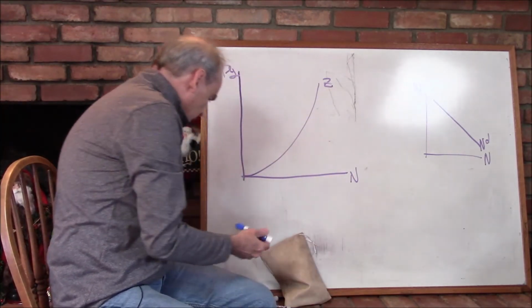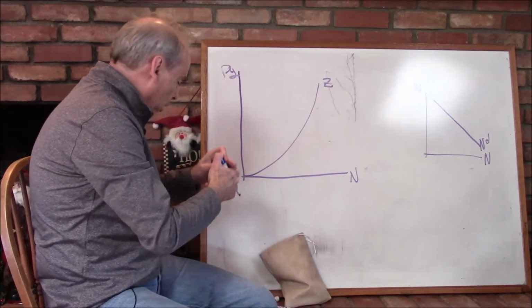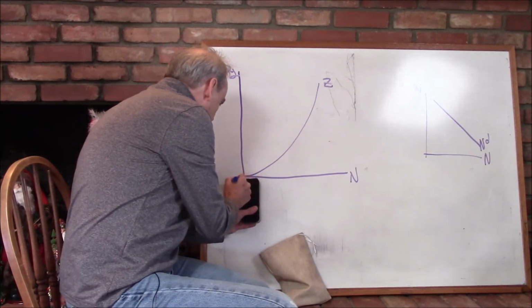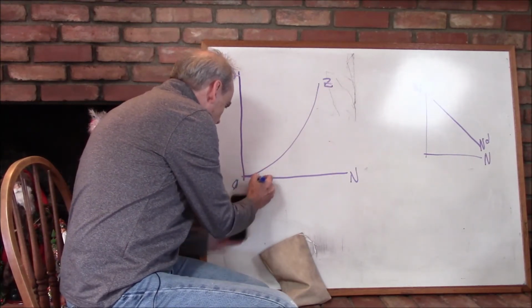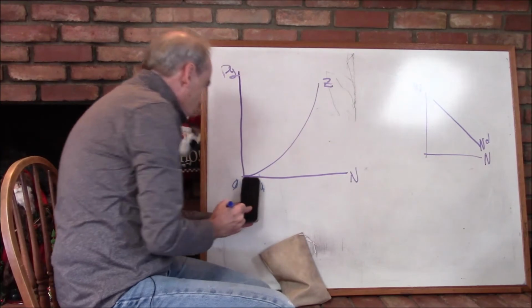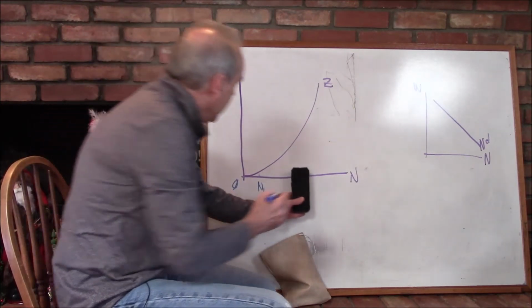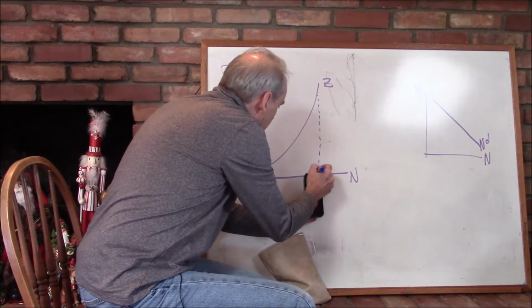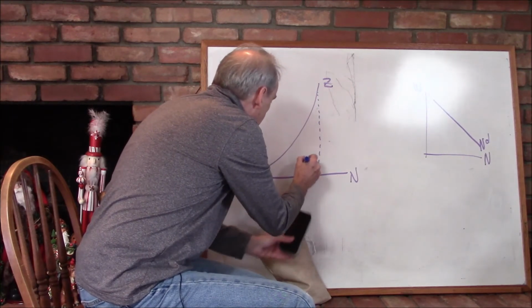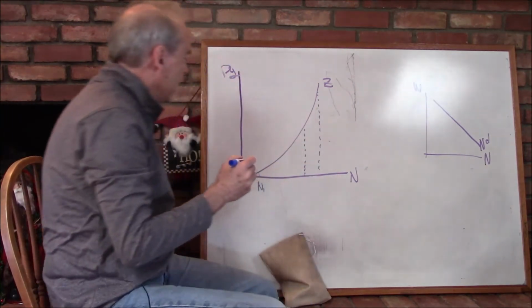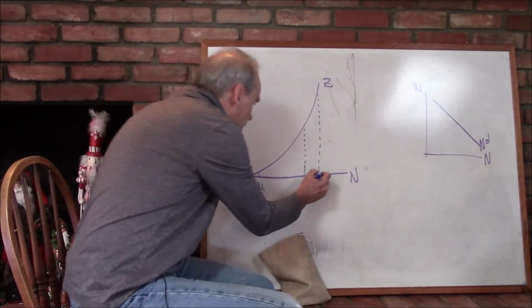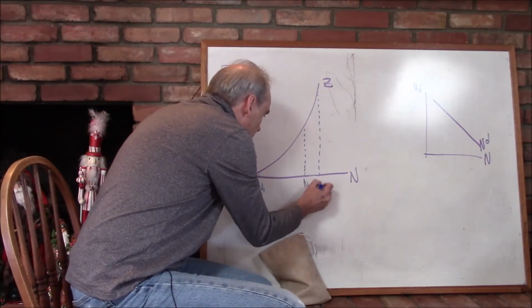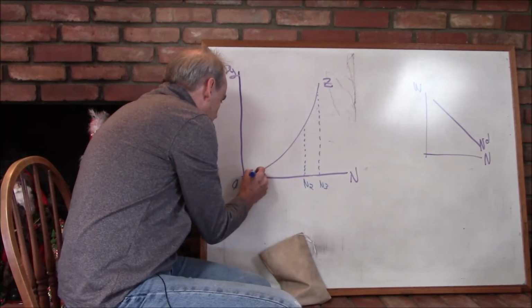Let's have an increase in workers from 0 to N1 right here, about an eraser length. I'm going to do the same eraser length over here. That's intended to be the same horizontal distance there. N2, N3. All right, check this out.